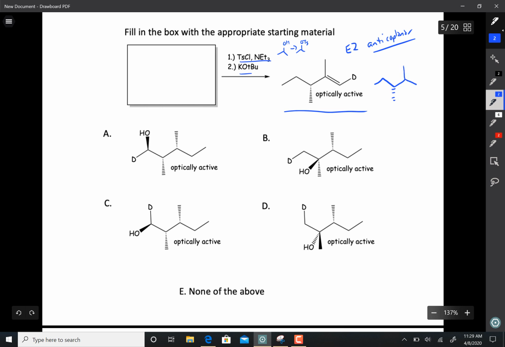And so what we'll do first of all is just routinely put in a tosylate group on either one, and then evaluate which one would have the anticoplanar rule apply.